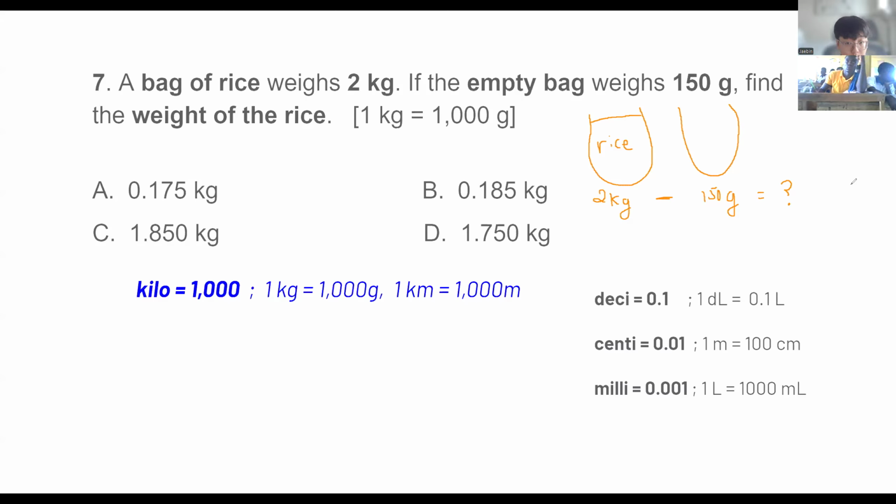So we would have to subtract the weight of the bag to get the weight of the rice alone, right? So it is 2 kilograms minus 150 grams. But we need to convert 150 grams into kilograms. And we know that 1 kilogram is equal to 1,000 grams.